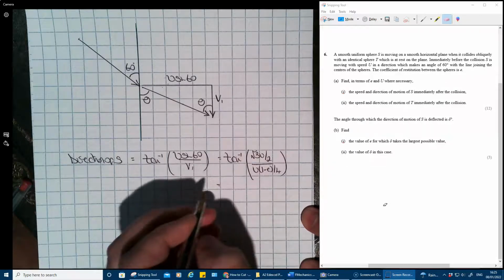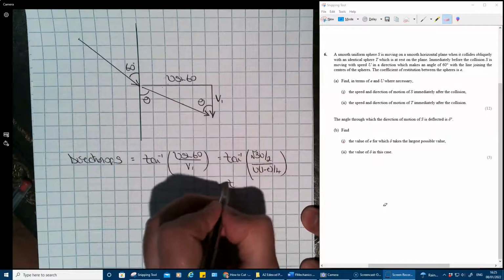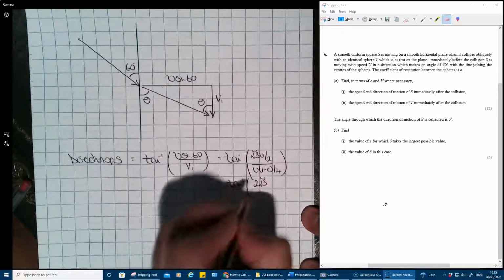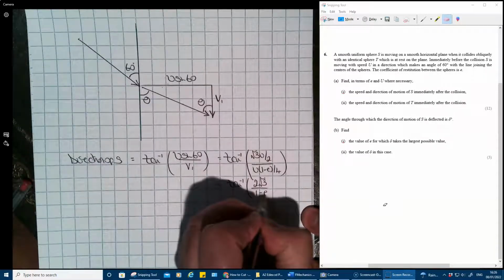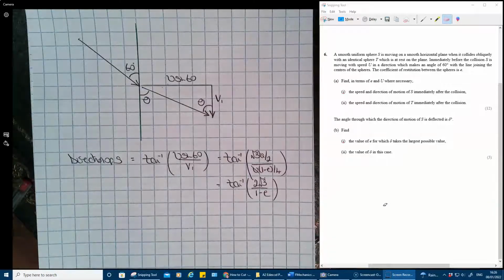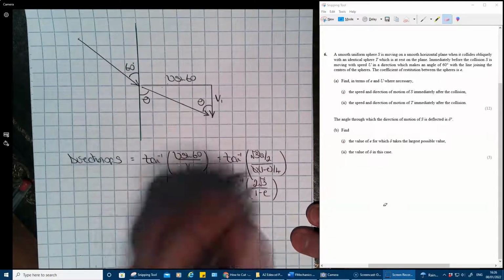Multiply top and bottom by 4, and we get tan to the minus 1 of 2 root 3 over (1 minus e), as we cancel the u's. Okay, so that's the direction of S. So that's the angle theta.